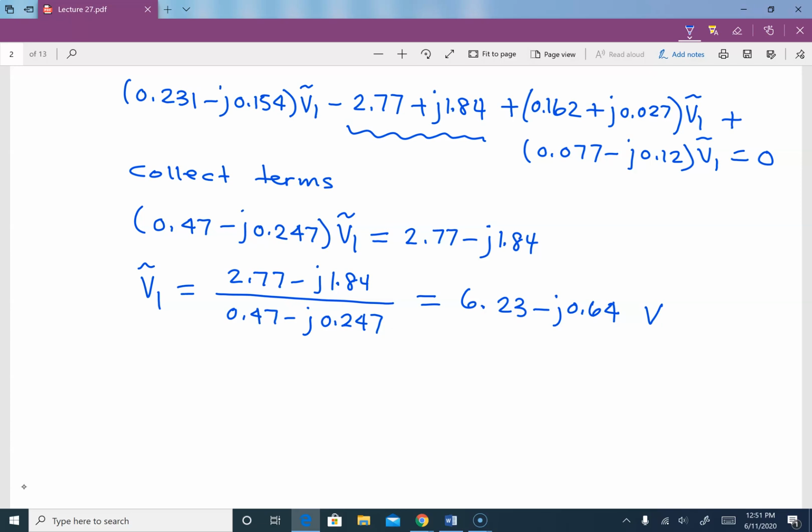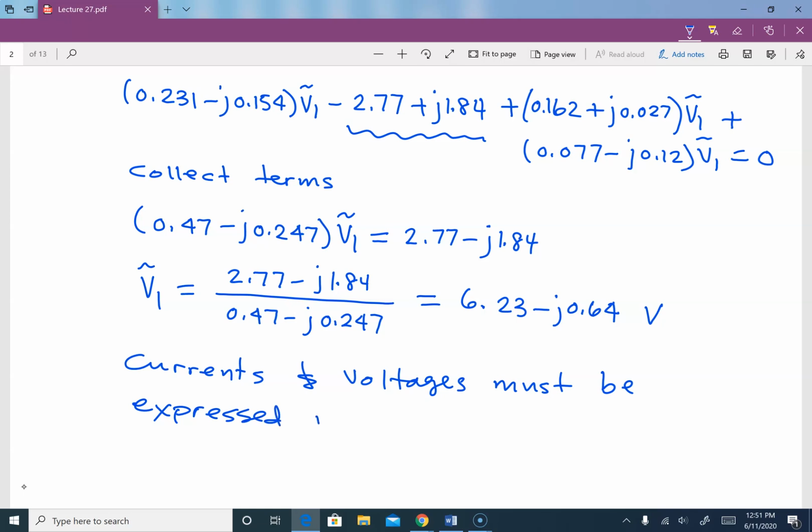Always, voltages and currents should be expressed at the end in polar form. So currents and voltages must be expressed in polar form.